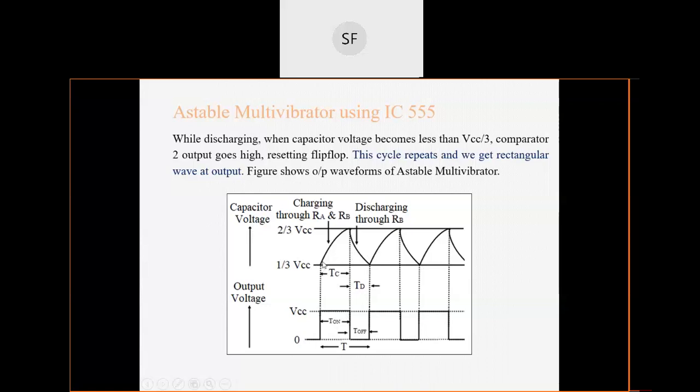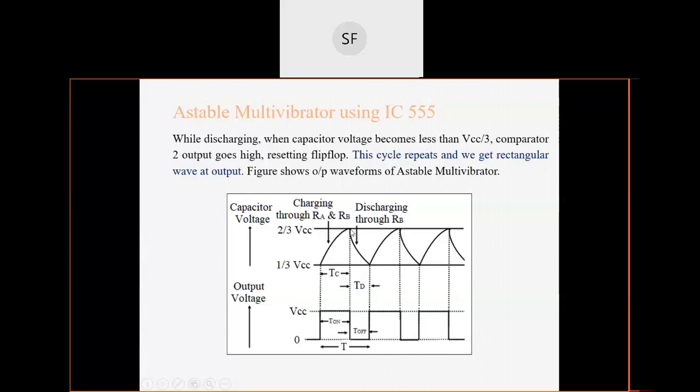Okay, so you can observe here that when the capacitor was charging, the output was in the high state, right? जब आपका capacitor charge हो रहा था तब आपका output, that is Q bar, was high. Okay, and when the voltage across the capacitor becomes slightly greater than 2 by 3 VCC, what will happen?